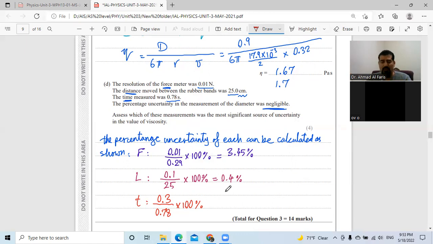Let's say 0.2, 0.3, 0.4. I want to show them that it will have a high value because this time is too short. Okay, Ahmed, how much is the answer here by using the calculator? How much is the percent here? Okay, it's a huge value, 38%, 88.5%.